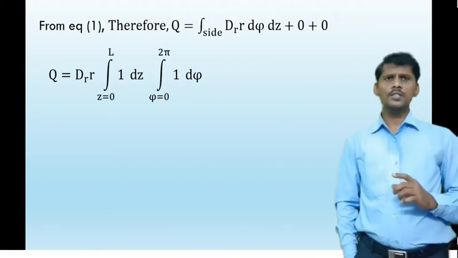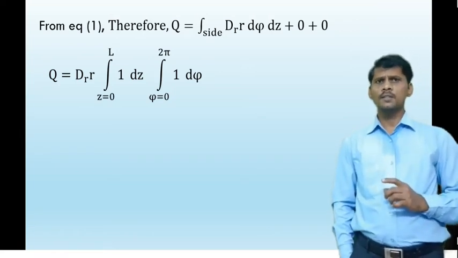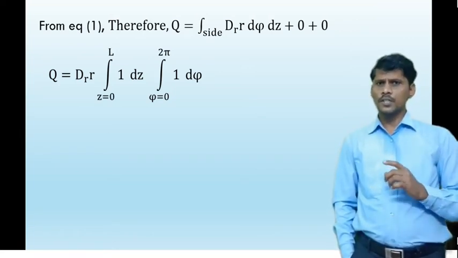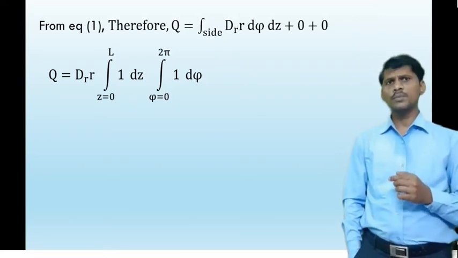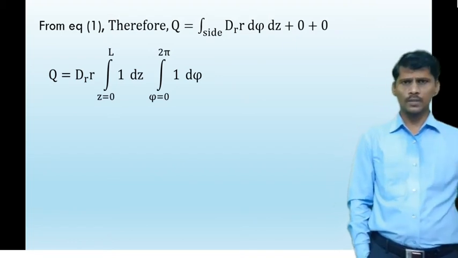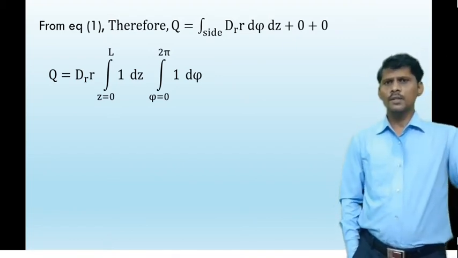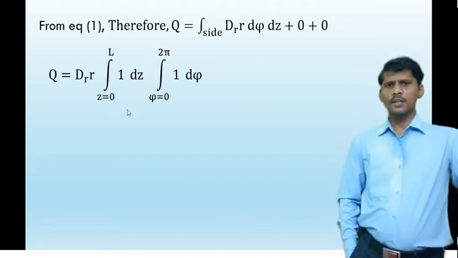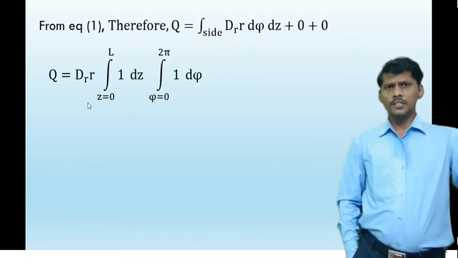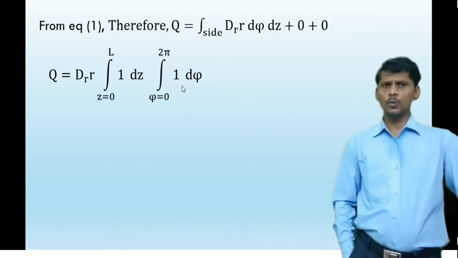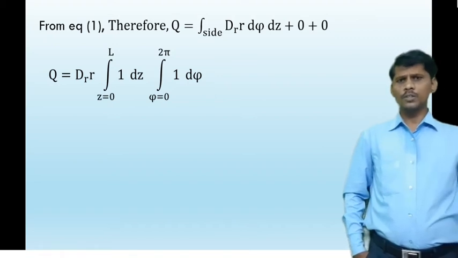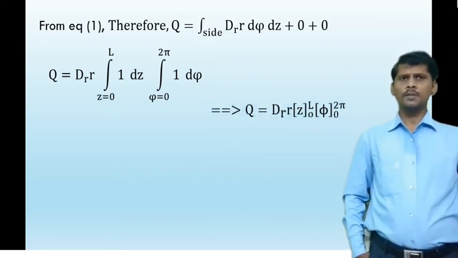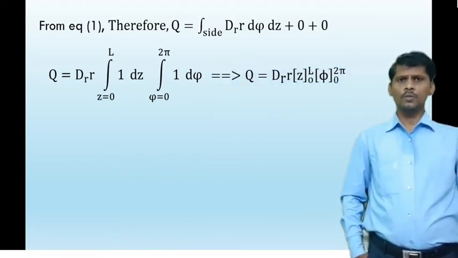And what is the length of the cylinder? The length of the cylinder is L. So z varies from 0 to L, and in cylindrical coordinate system phi varies from 0 to 2 pi. Therefore Q is equal to Dr into r, integral z from 0 to L of dz, integral phi from 0 to 2 pi of d phi. Integral of dz is z from 0 to L, integral of d phi is phi from 0 to 2 pi.